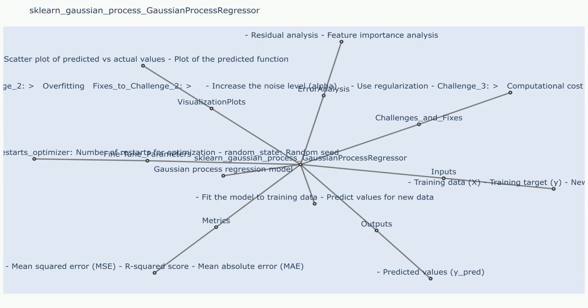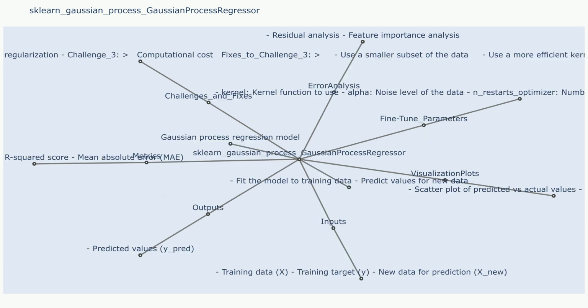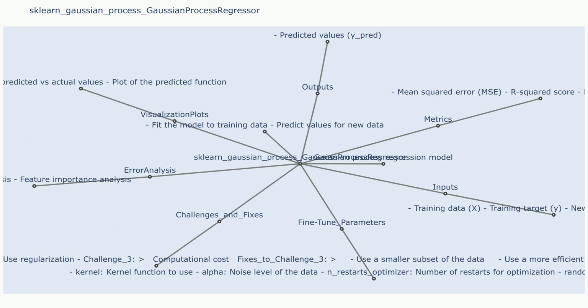This is the predicted value for the target variable based on the fitted Gaussian process model. It's a 1D array representing the predicted output for each input in the test data. YSTD. This is the standard deviation of the predictive distribution at each point in your test data. It provides a measure of uncertainty associated with your predictions.